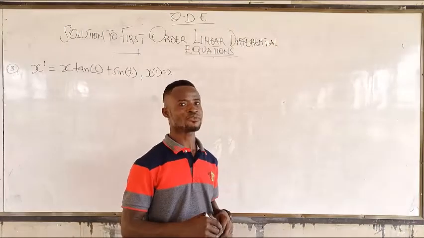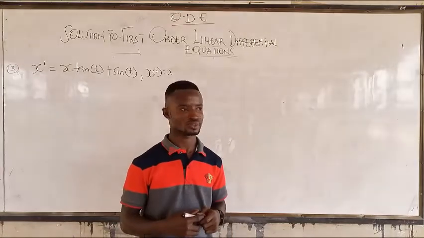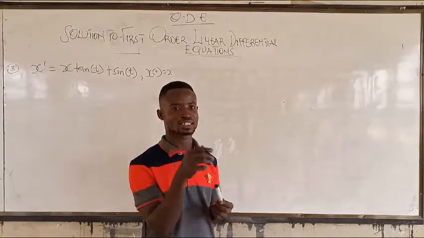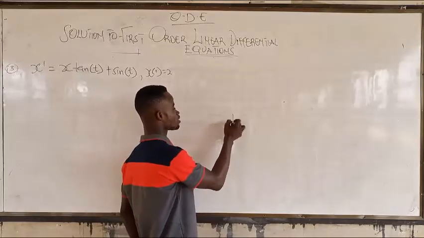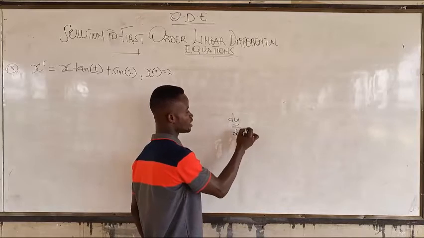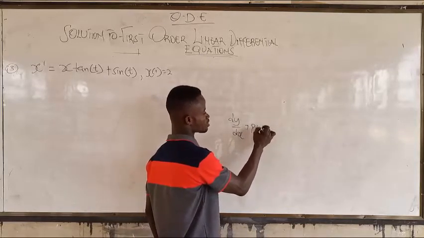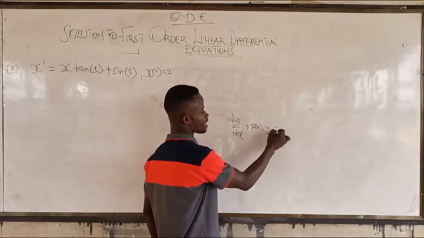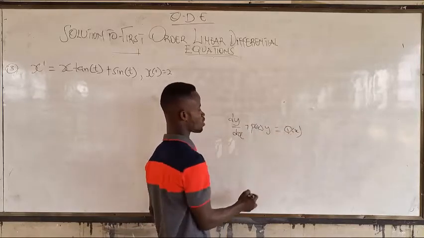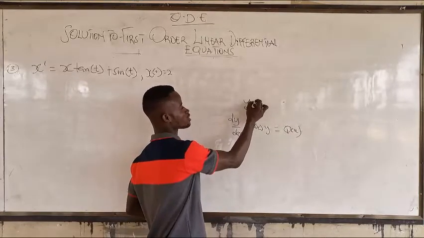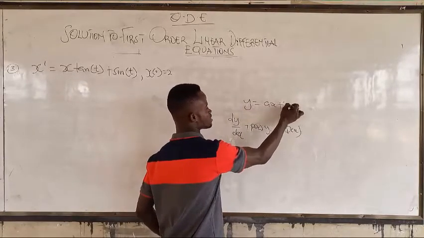Alright. In fact, I forgot to introduce this to you, that a first order linear differential equation is in the form dy/dx plus p of x multiplying y is equal to q of x. Now, this is like you having a linear equation, y is equal to ax plus c.